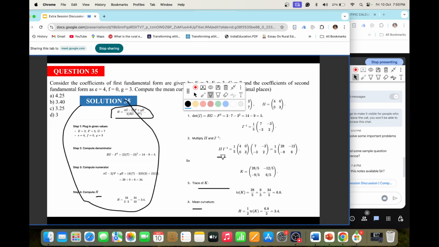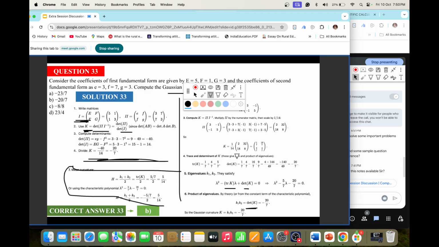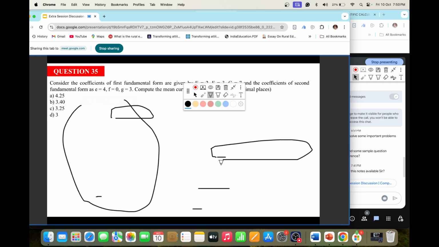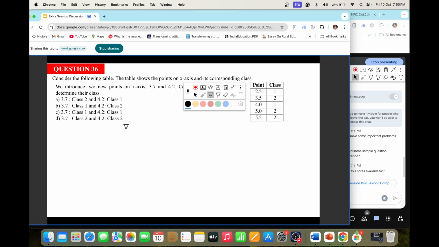If you just make this matrix and calculate the characteristic equation from this matrix, then you can get both your mean curvature as well as Gaussian curvature. So that is how you can also do it. Otherwise, as a shortcut, there is a formula for it, just put all those values in this formula and you can get the answer. So that is regarding question 35.